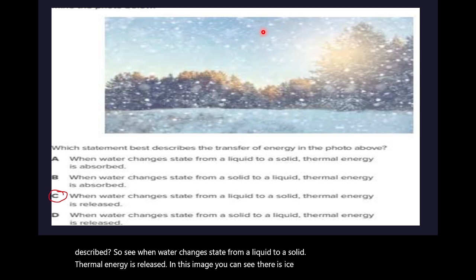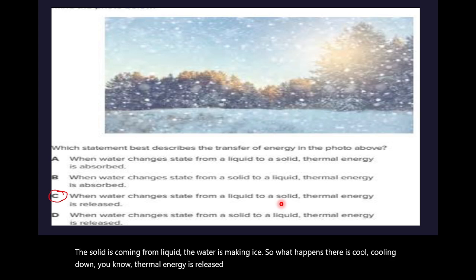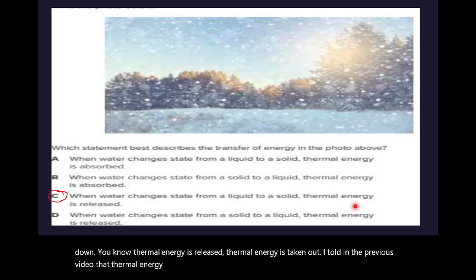The solid is coming from liquid, the water is making ice. So what happens? There is cooling down, thermal energy is released, thermal energy is taken out. I told in the previous video that thermal energy is heat, so heat is released, heat is taken out.